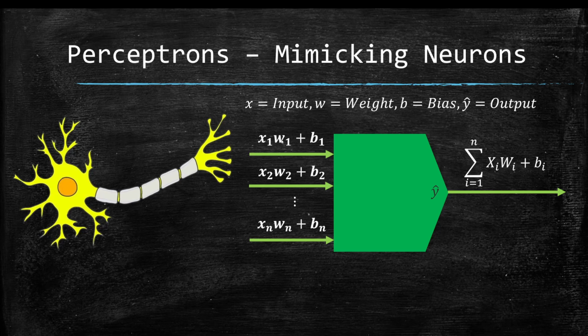And then we're going to apply an associated weight to it. And so for every input, it's going to have its own weight. And then we're going to add a bias to it. Now, we're not going to focus on bias too much here, but just know that every input is equivalent to a little bit of electricity coming in from our neighbor, and we're going to weight it a certain amount.